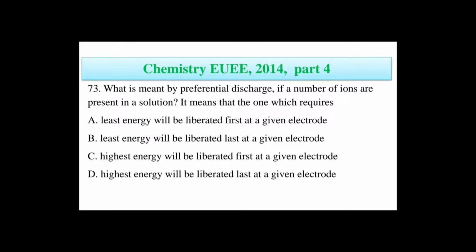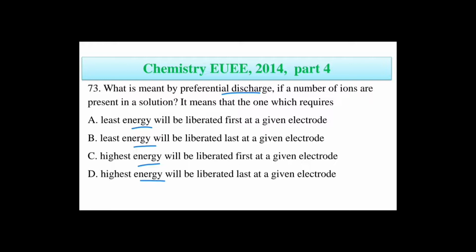Question 73, what is meant by preferential discharge? If a number of ions are present in a solution, the one which requires A, least energy will be liberated first at a given electrode; B, least energy will be liberated last; C, highest energy will be liberated first; D, highest energy will be liberated last.